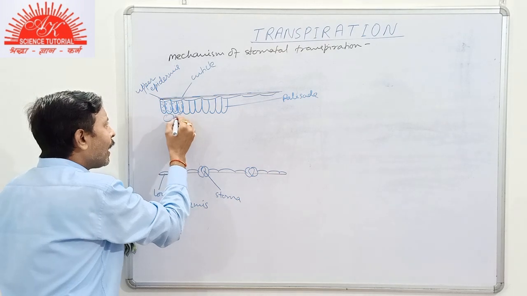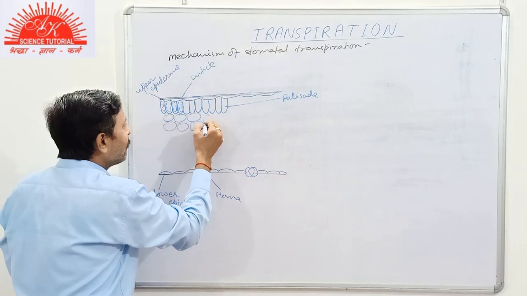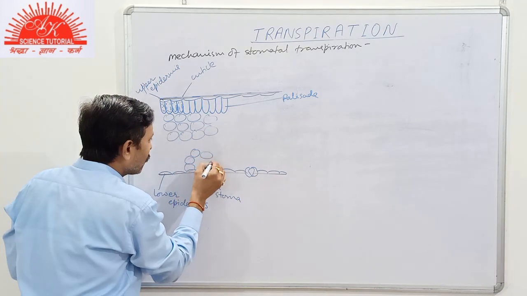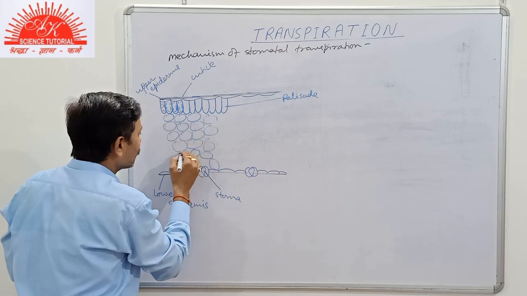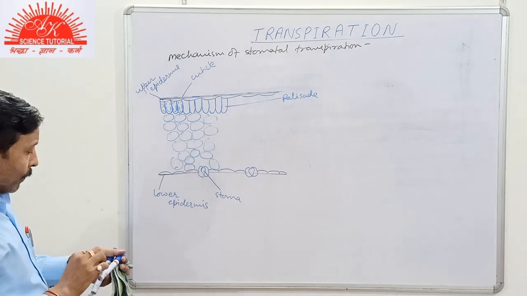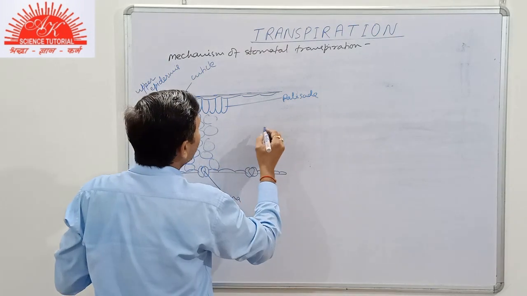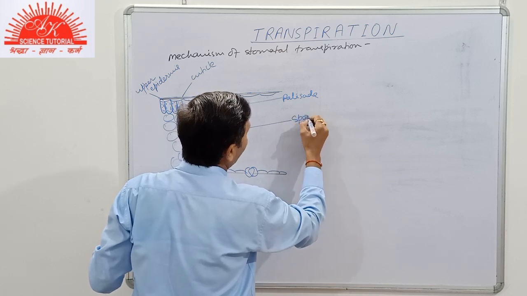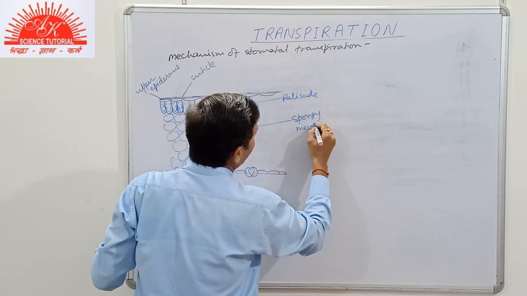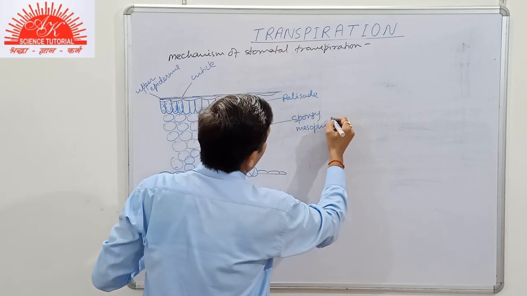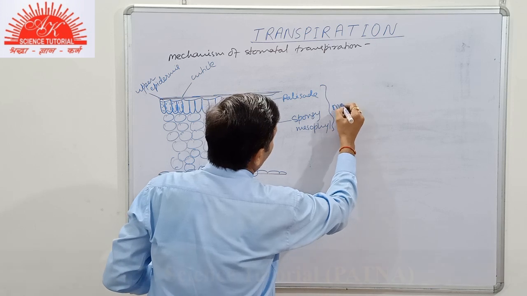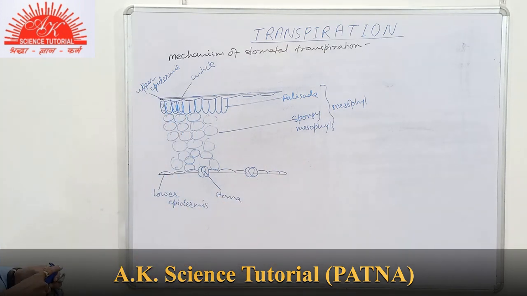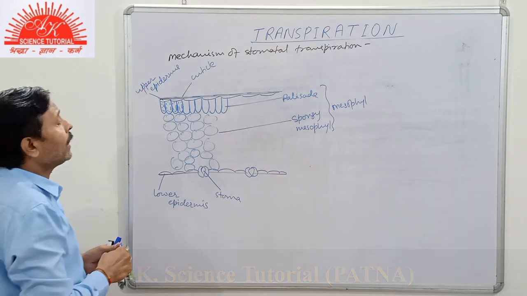Below this layer there are loosely packed parenchymatous cells, and this layer of cells is known as spongy mesophyll. Together it will be mesophyll. So we have studied that the mesophyll is differentiated into palisade and spongy mesophyll cells.